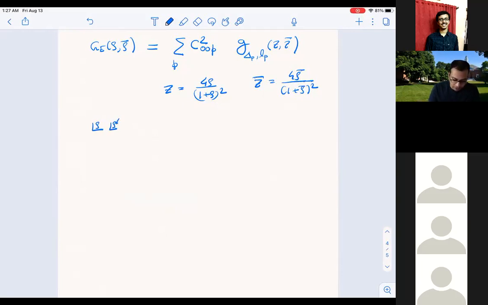first, when is this Euclidean correlator analytic? This is a very easy question to answer from the conformal block expansion.